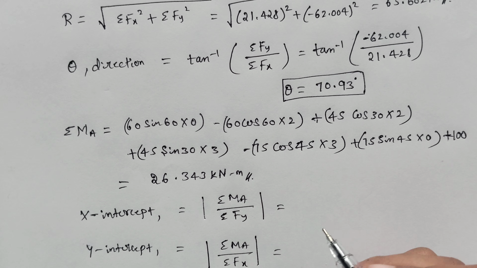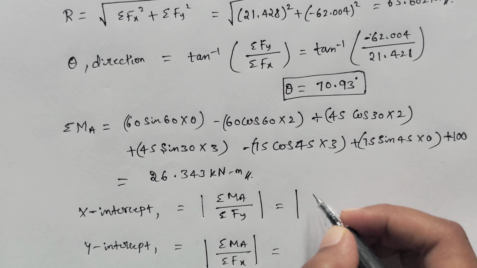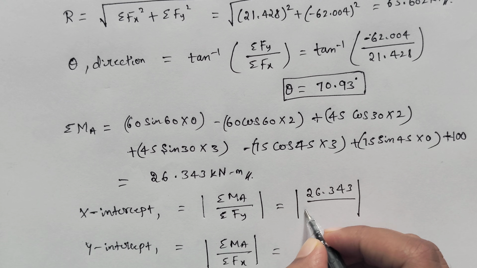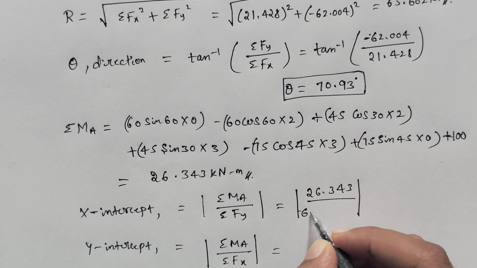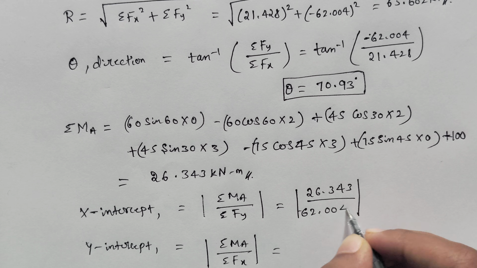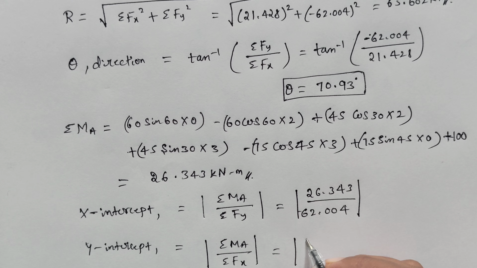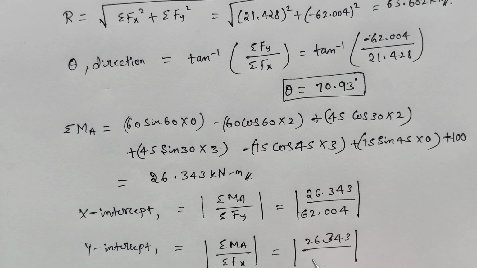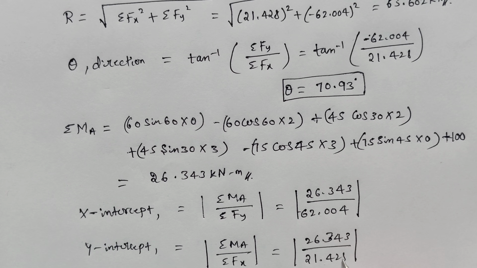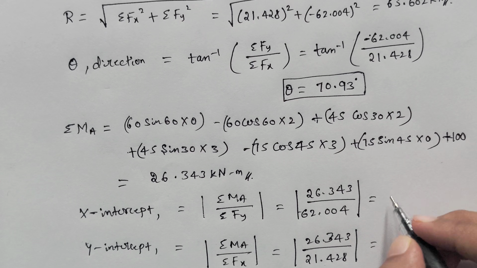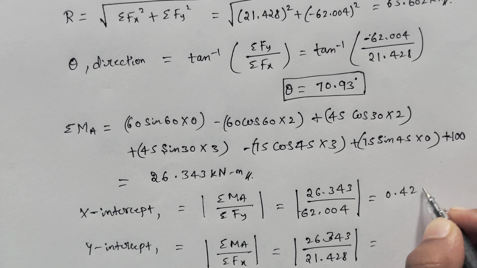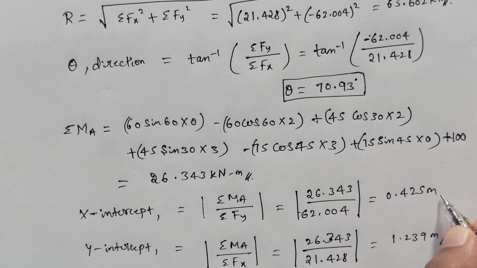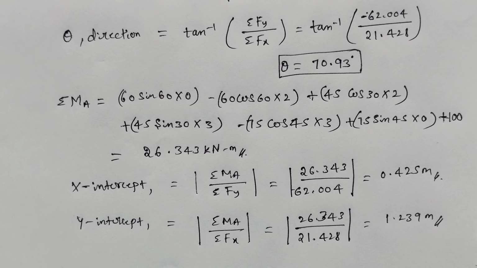Just substitute the values: 26.343 divided by 62.004, and 26.343 divided by 21.428. What values are you getting? It is 0.425 meter and 1.239 meter. I hope you are getting the same value.